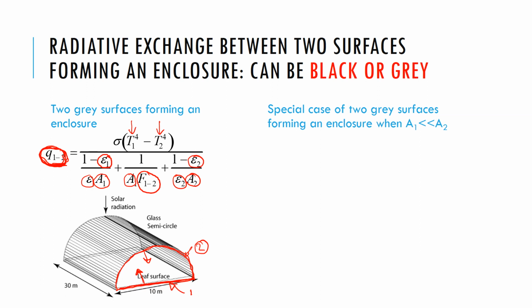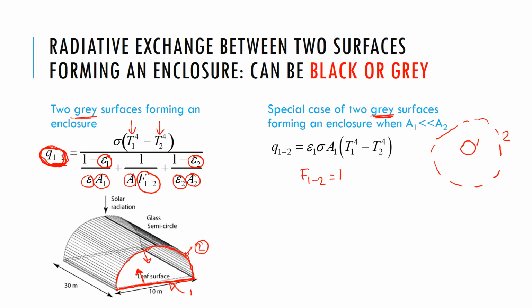Here we go to an even more special case, but keeping it gray. We still have gray surfaces. If we think of a situation like this, where this is 1, and it's completely surrounded by a surface that is 2, then of course F12 is equal to 1.